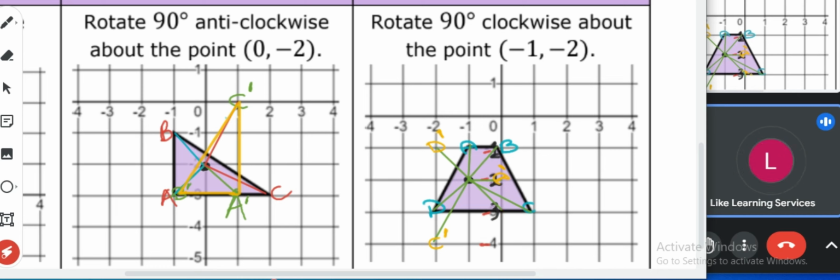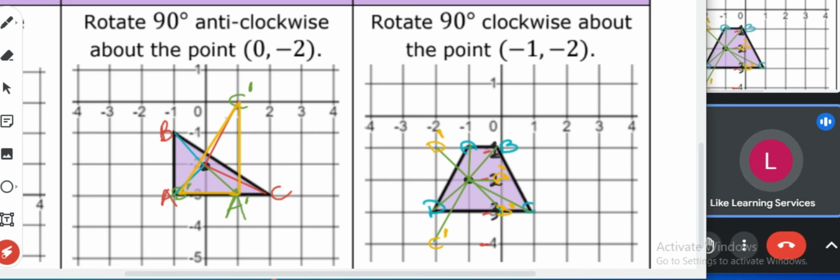Just write it in yellow so that it will be good. So this is B prime. Good. So join. Can you join with the same yellow, with the same thickness you used for this one?